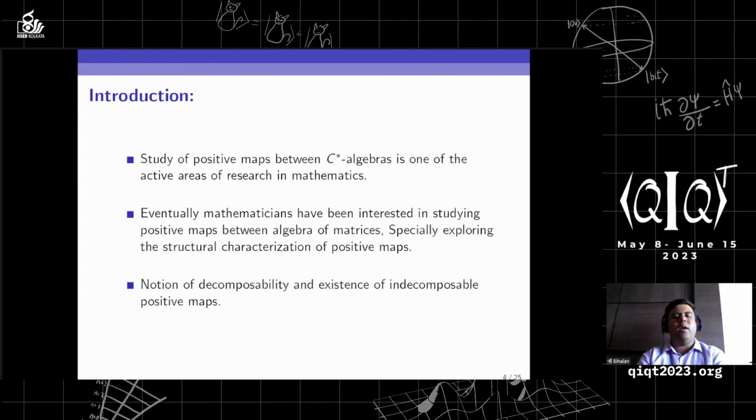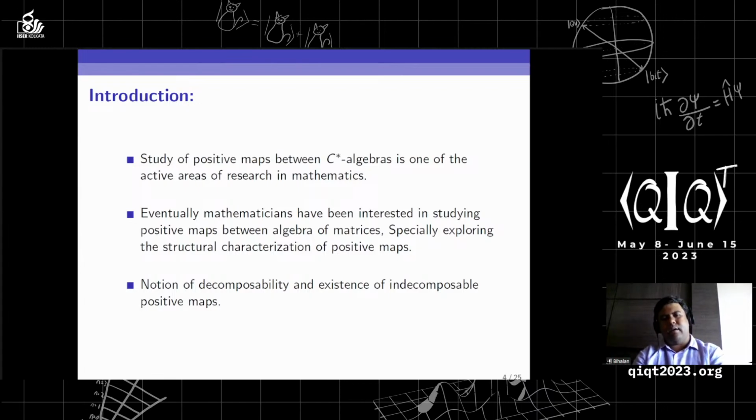The study of positive maps between C*-algebras is one of the most active areas of research in abstract, pure mathematics. It started with the work of Kadison, when he generalized the idea of the Schwarz inequality, now famously known as the Kadison-Schwarz inequality. The idea of positive maps originated from there.